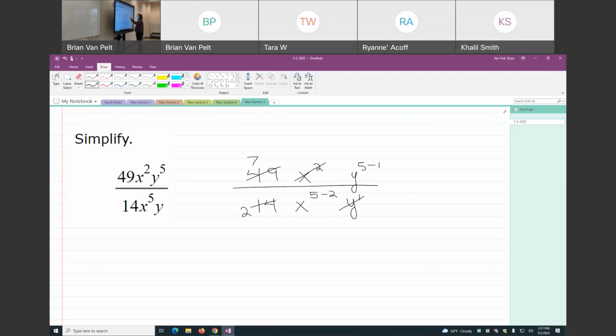And so in my numerator, what all do I have? 7 y to the 4th. What do I have in the denominator? X to the 3rd. Essentially, yeah. That's exactly right.